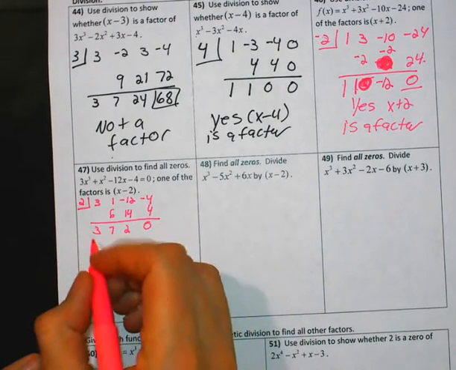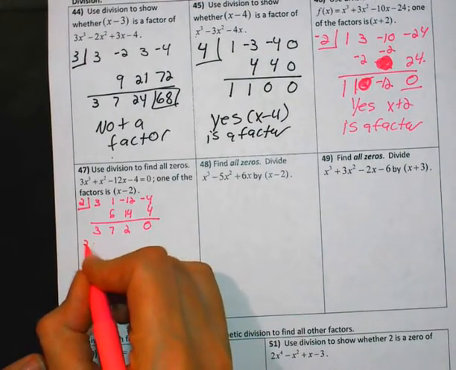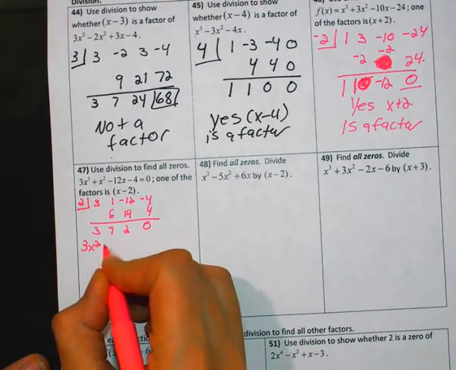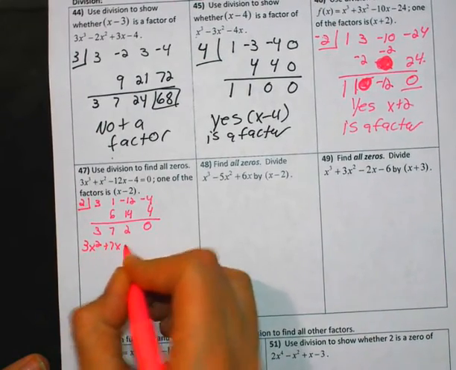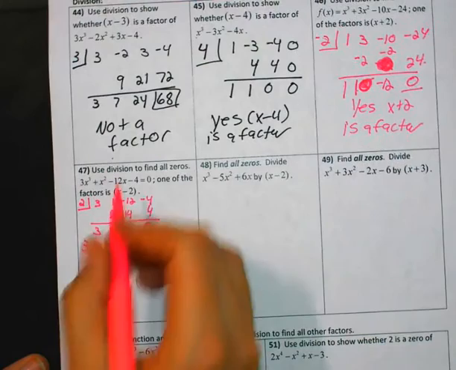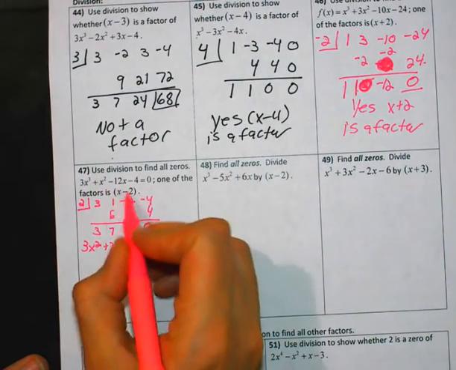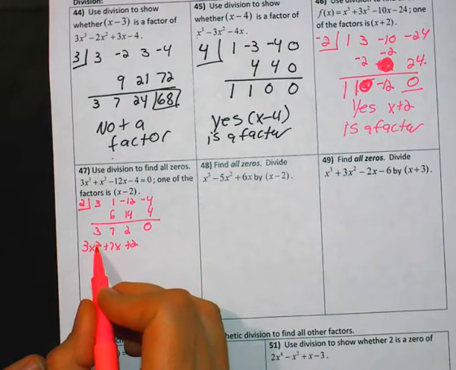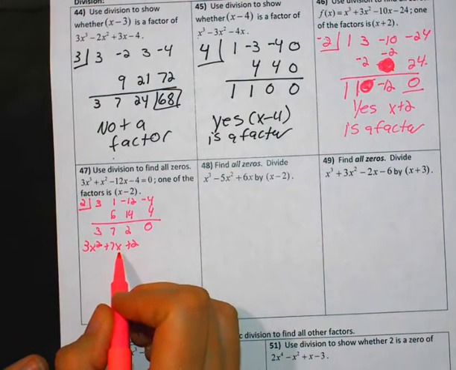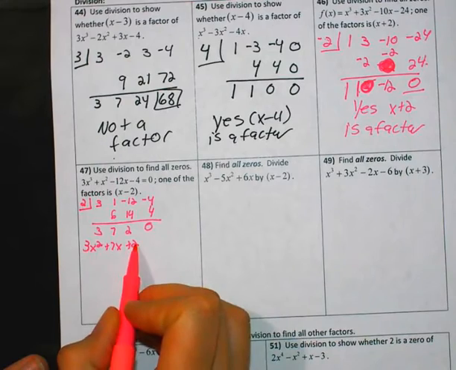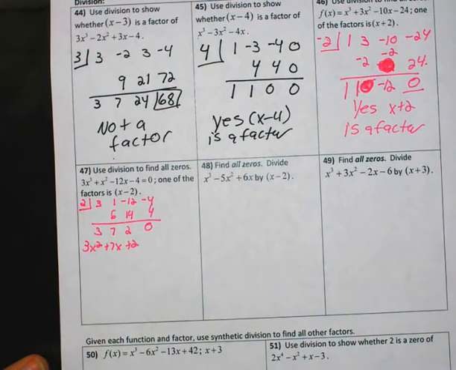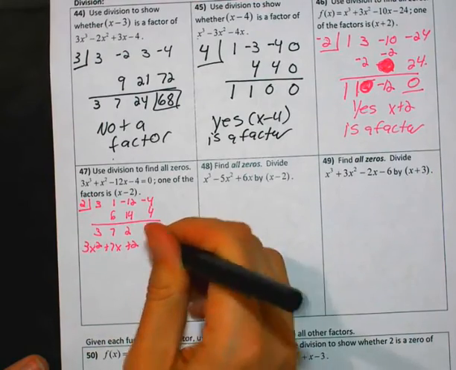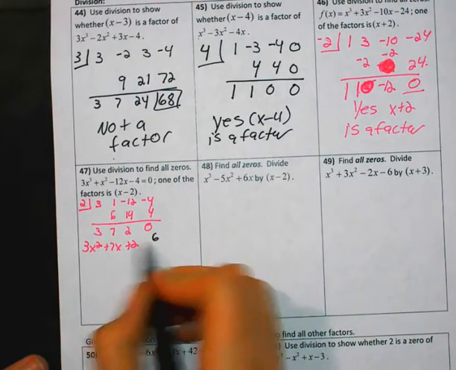So then we have left still this 3x squared plus 7x plus 2, because we started with x cubed, we factored out an x minus 2, so all I'm left with is starting with x squared. Okay, you want to see if this can be factored. 3 times 2 is 6, so you're looking for factors of 6 that add up to positive 7.